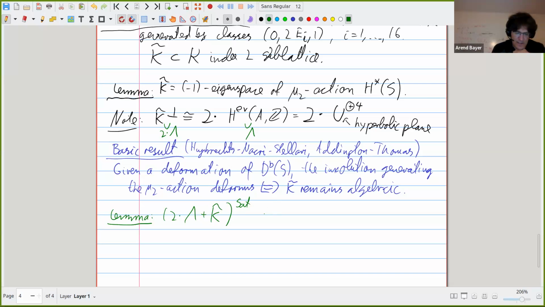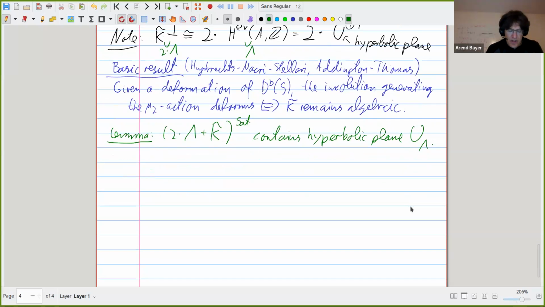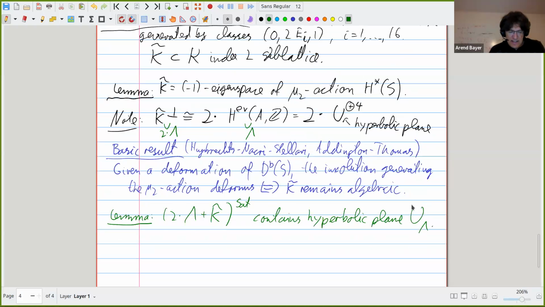Then this is some standard lattice theory, or you can prove it elementary, just using the four-square theorem, amusingly. This contains a hyperbolic plane. So let's call this U lambda. Okay, and now anyone who's worked with derived categories of K3 surfaces knows immediately what to think of when you see a hyperbolic plane.